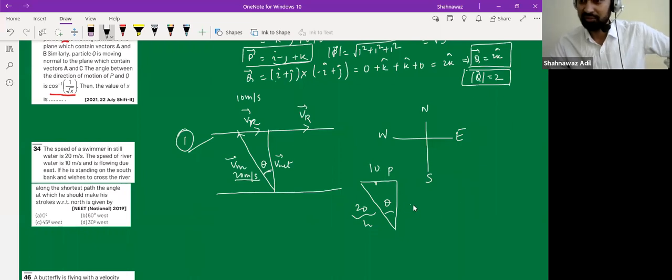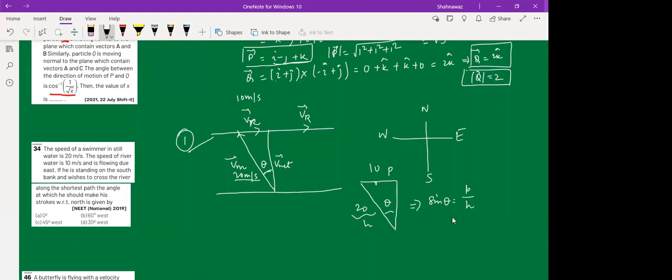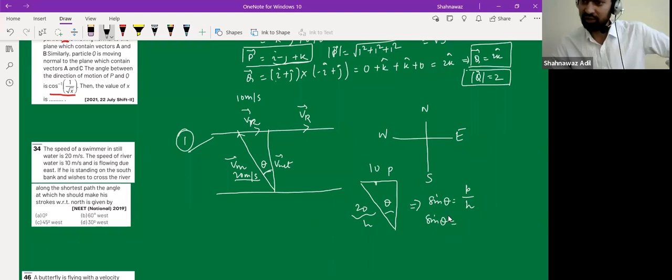Arpit? Sin theta, na? Yes. So sin theta is P over H, which is 10 over 20. So sin theta is half. So for what value is sin theta half? Theta will be what?